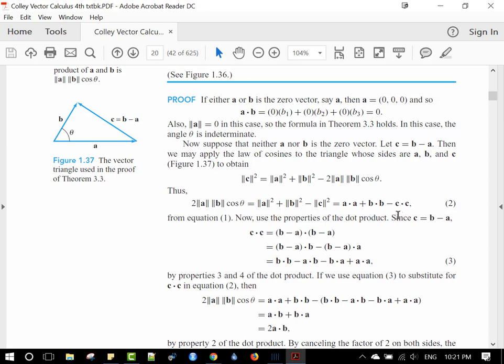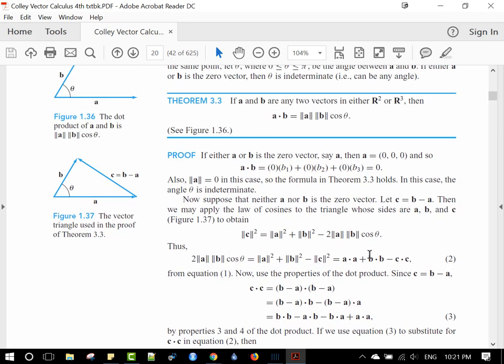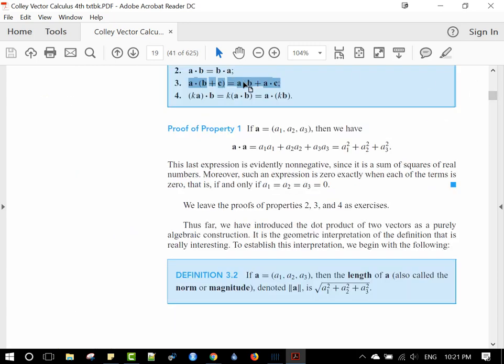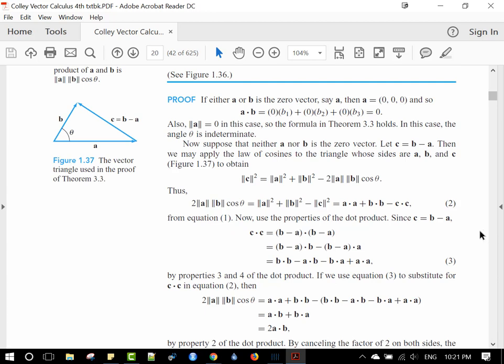By properties 3 and 4 of the dot product, so where are those? 3 and 4, this one and this one. Sorry, that was that. If we use equation 3 to substitute c dot c, we take this and we put in c dot c, we get all this.